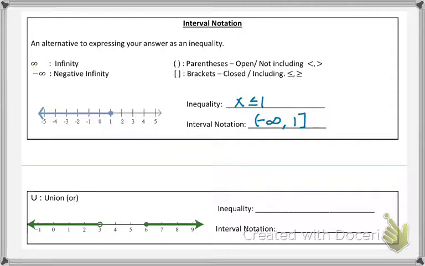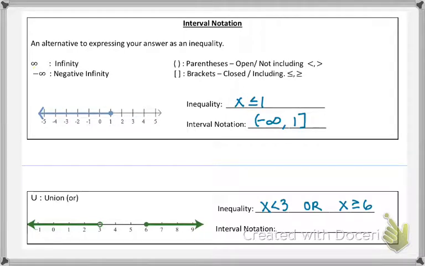And then if there are two parts, so down here, because I have an OR statement, we're going to use the union symbol that represents OR. So in an inequality, our solution is x could be less than 3, or x is greater than or equal to 6.